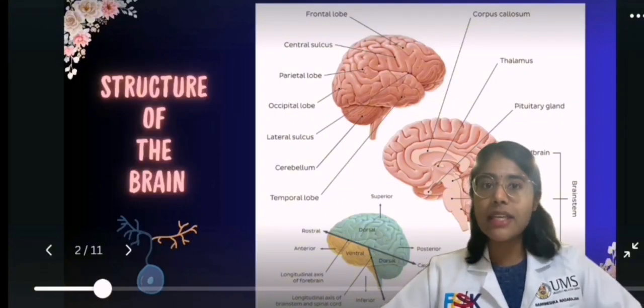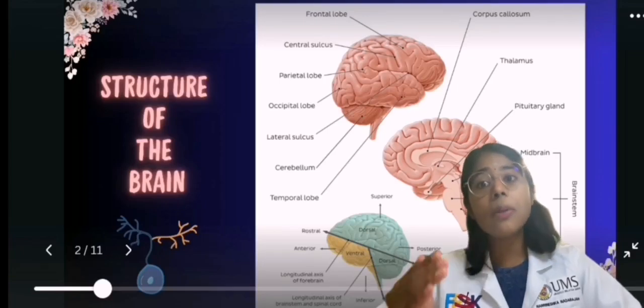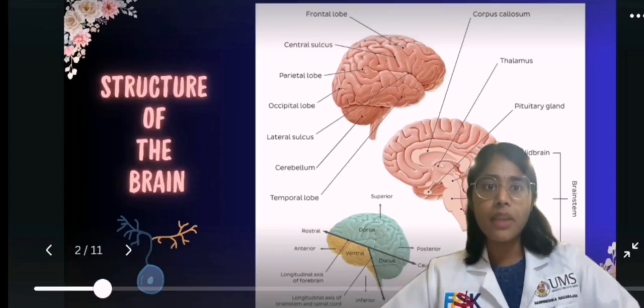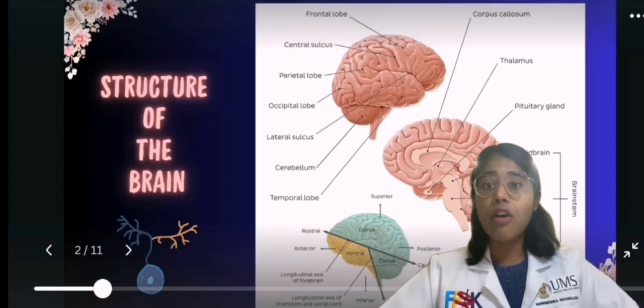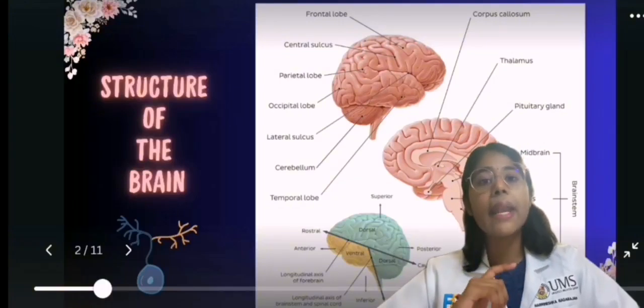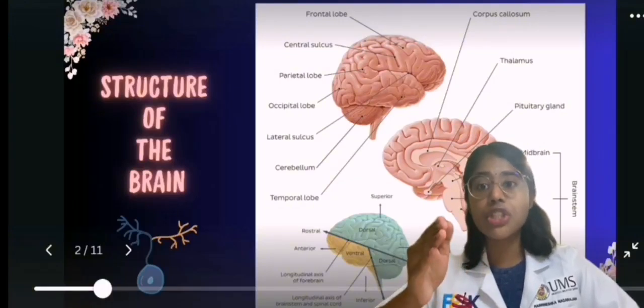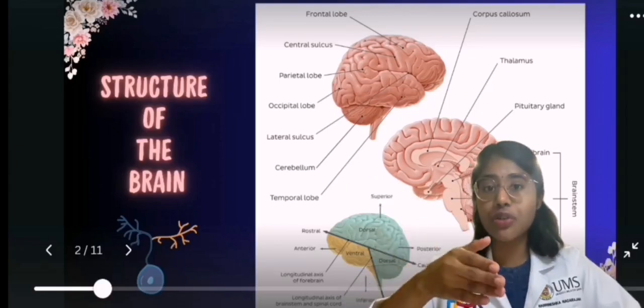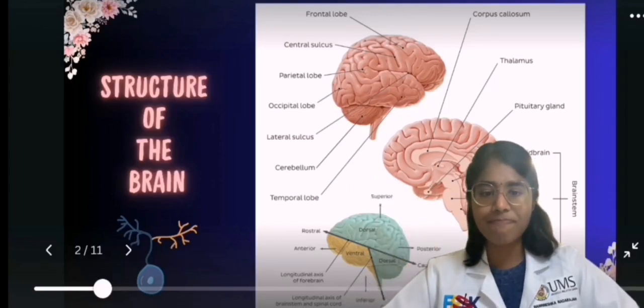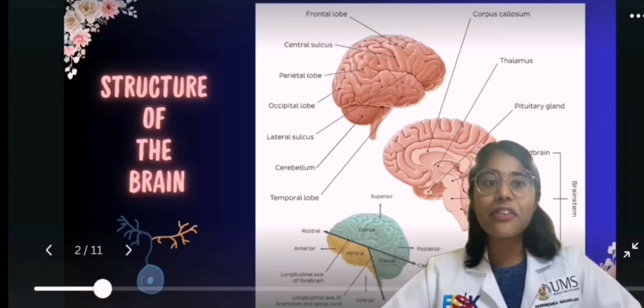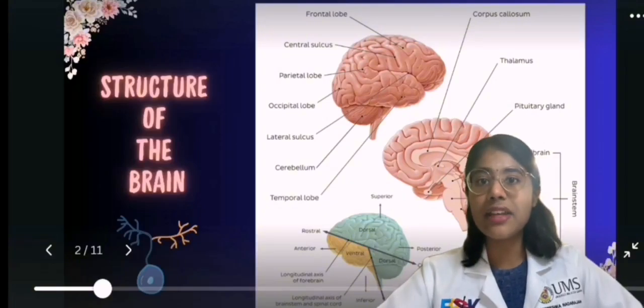The brainstem is the most subtle part of the brain. It is made up of midbrain, pons, and the medulla oblongata, each of which have their own structural and functional organization. So that's it with the anatomy of the brain.